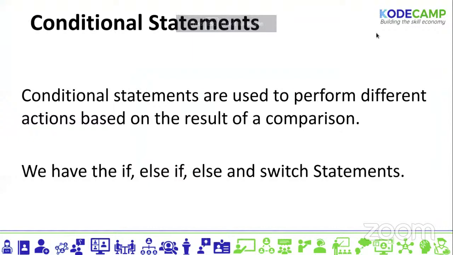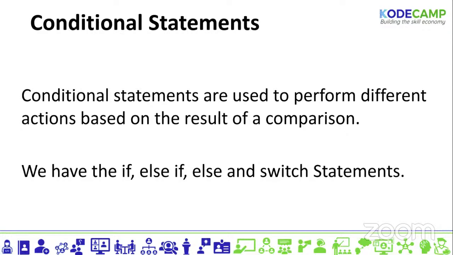So we've talked about this difference. Then we now go into conditional statements. So conditional statements are used to perform different actions based on the results of a comparison. So we have if statements, we have the if else statement, we have the else statement, and we have the switch statement.